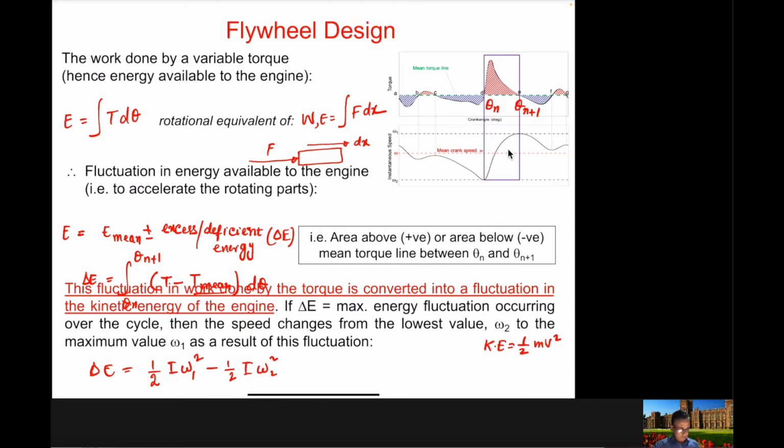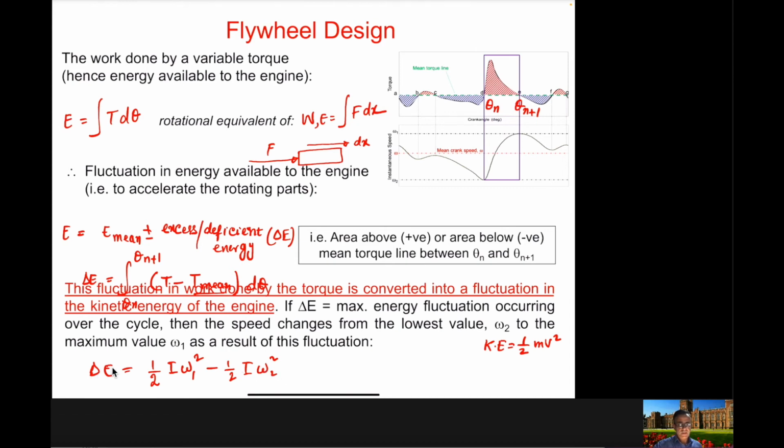So in the angular motion, mass is replaced by inertia, and here the moment of inertia is I. Here we have velocity in the linear case, and here we have the angular velocity, which is omega. So this is the kinetic energy at angular velocity omega 1, and this is the energy at angular velocity omega 2.